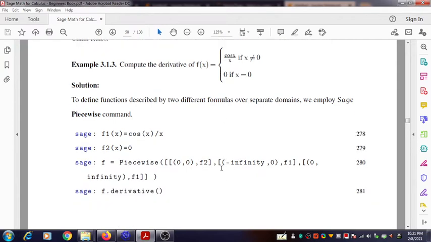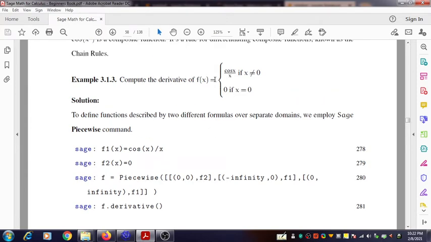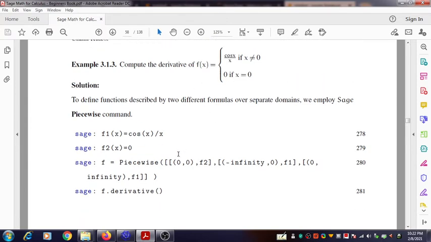In the remaining part of the real line, from 0 to plus infinity, the function is the same function f1 itself. So you can write 0 comma plus infinity, properly open and close the bracket, put a comma, mention the function there, and then close the brackets to complete that statement.